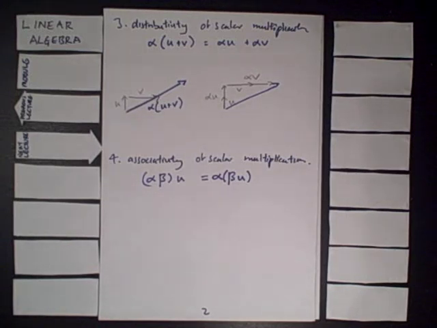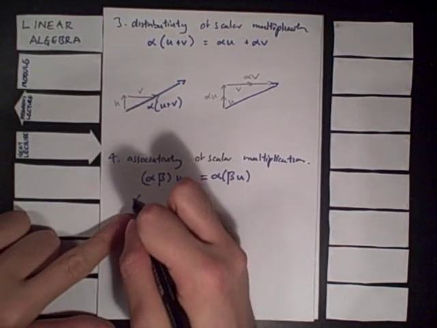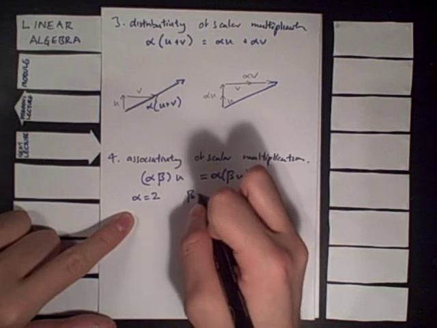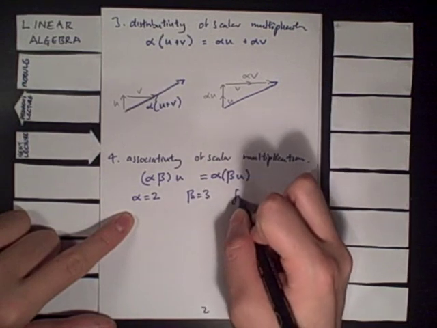What's the intuition behind this? Well, let's simplify the situation and add some numbers to the equation. Suppose that alpha is equal to 2 and beta is equal to 3, for example.